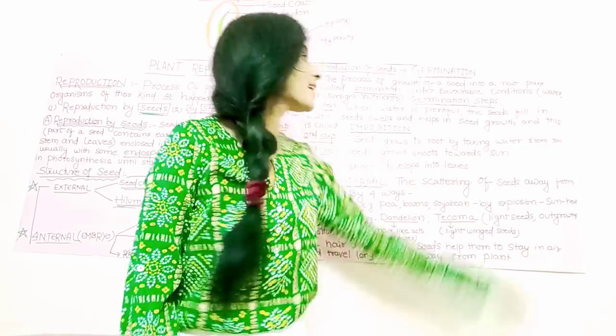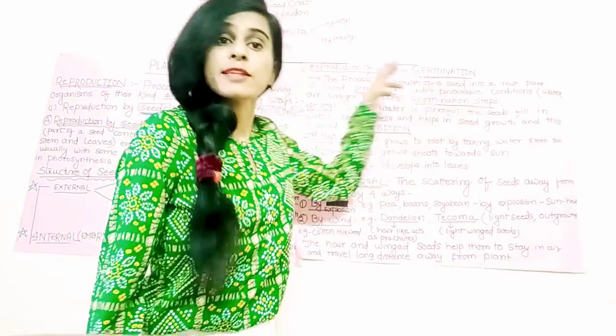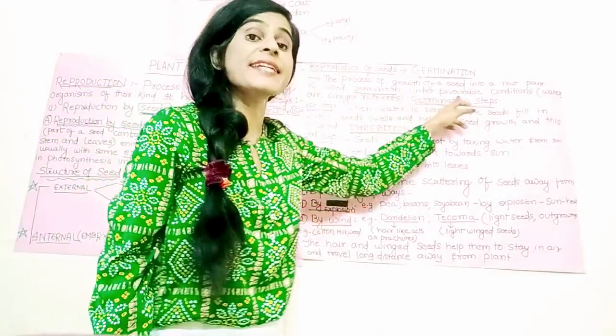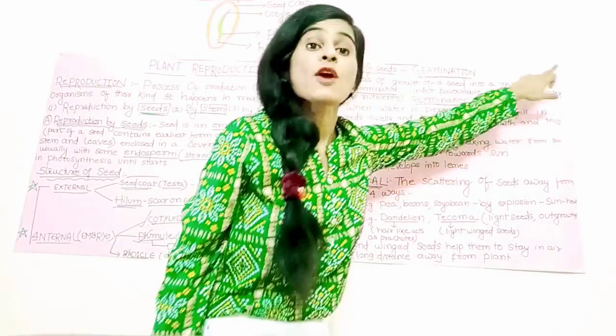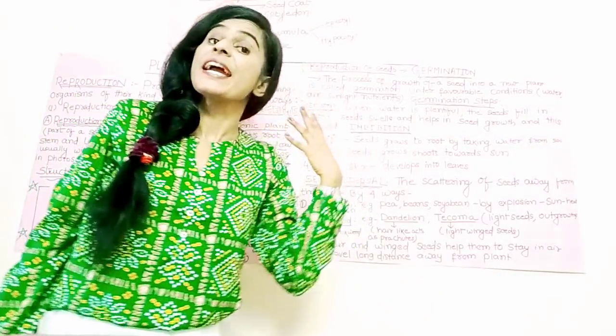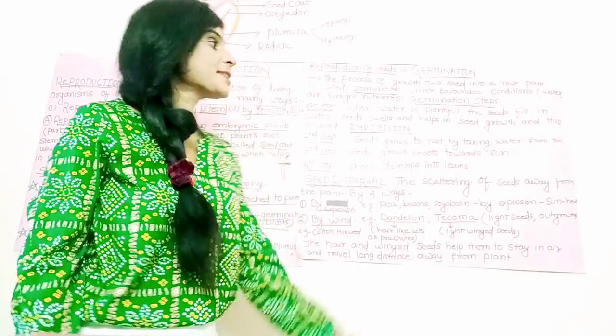Yes, my dear children. So the process of the growth of a seed into a new plant is called germination under favorable conditions. Favorable conditions mean water, air, sunlight and nutrients should be available. Then only your seeds will germinate.